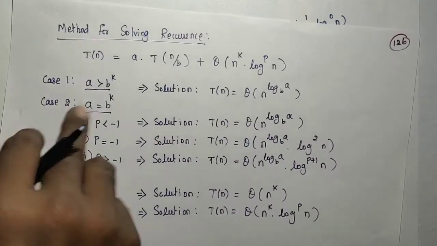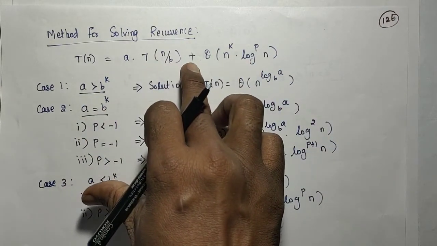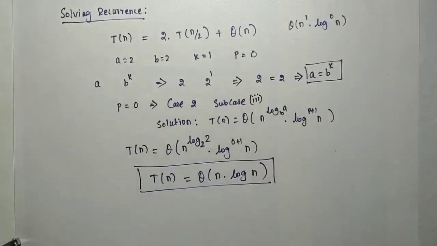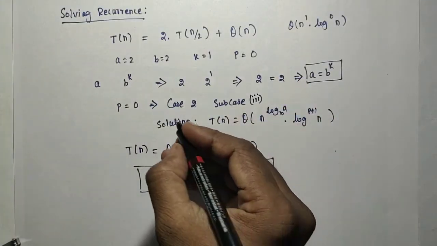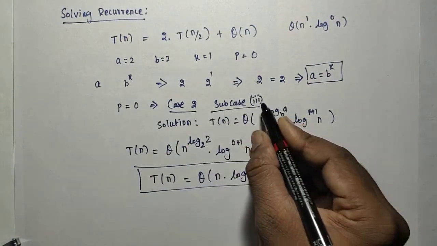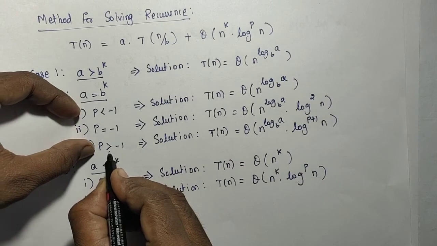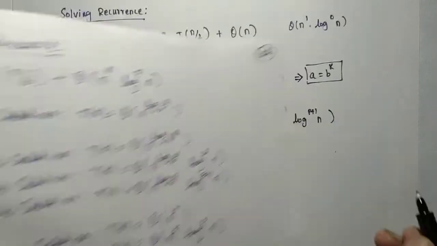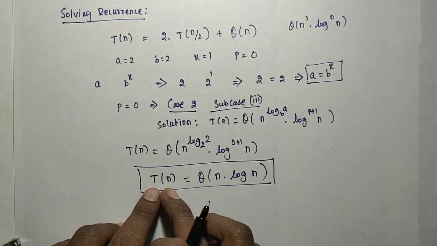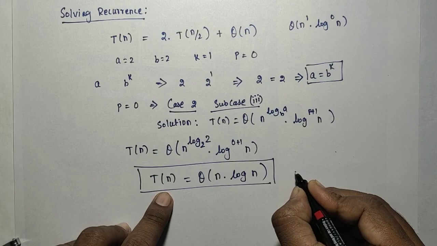So if your recurrence is there in this format, a into T of n by b plus theta of n power k into log n power p, I have to find it, and we found that this belongs to case 2 and subcase 3. A equal to b power k, subcase p greater than minus 1. That is a solution. So while writing that complexity of T of n, here this is the case if n is greater than 1.